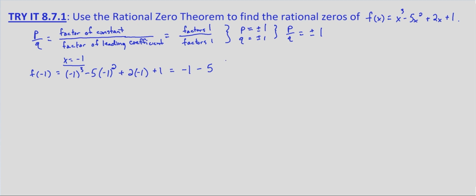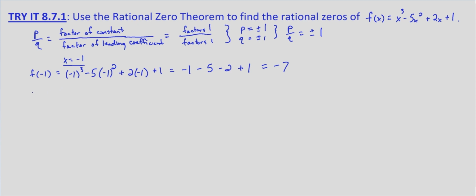And then 2 times negative 1 is minus 2, plus 1. So that ends up being negative 1 minus 5 is negative 6, minus 2 is negative 8, plus 1 equals negative 7. So negative 1 is not a rational zero for our given function.